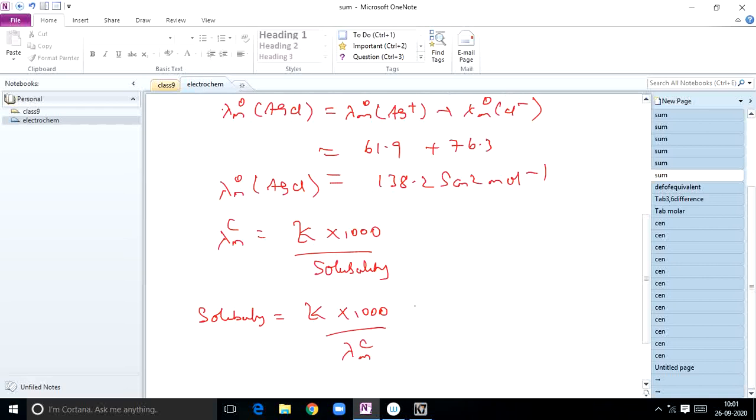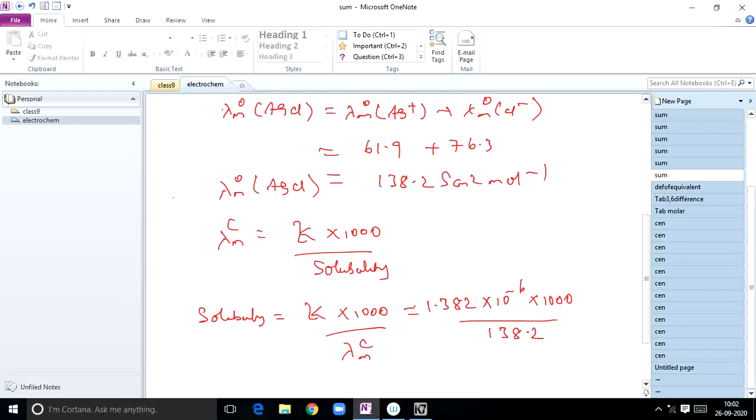So here what you will do now? 1.382 into 10 power minus 6 into 1000 by lambda mc value, which is given as 138.2, right? That is lambda mc. So you can take that one. Here indirectly lambda mc value has been given.